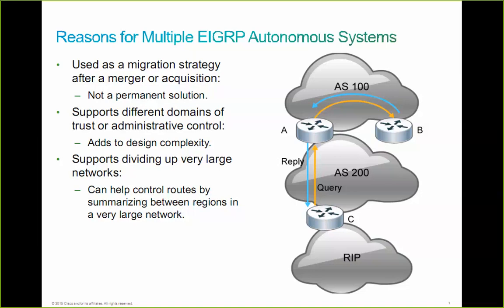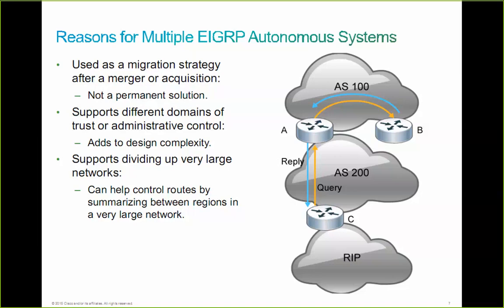When we're applying redistribution, we apply filters to redistribution as opposed to just applying filters to neighbor relationships. We can actually apply a filter to the redistribution process by using route maps and prefix lists or whatever we want to use to filter out routes that are shared between neighbors or between different autonomous systems. It's not very common, quite frankly.